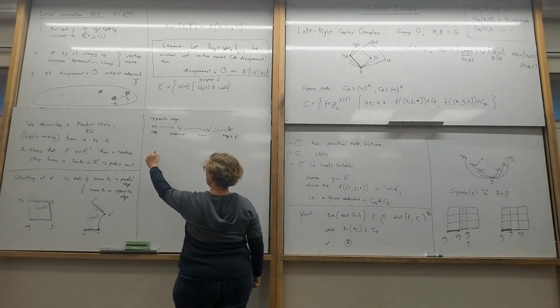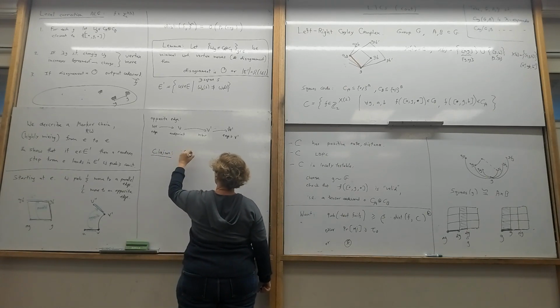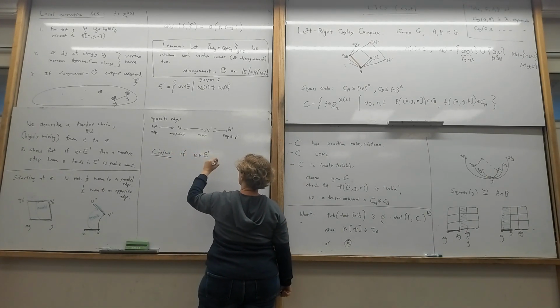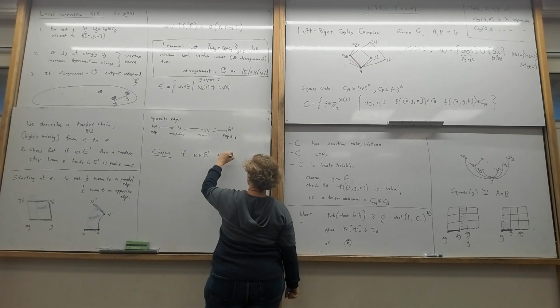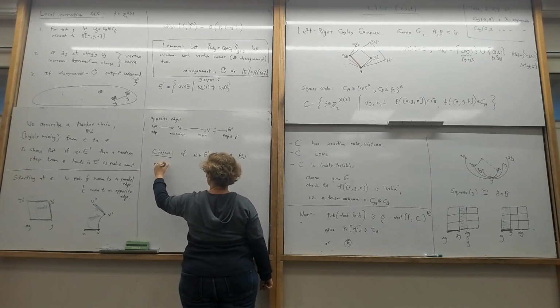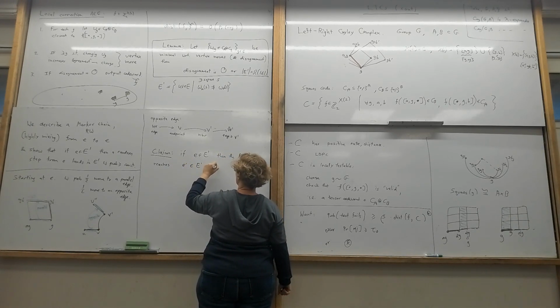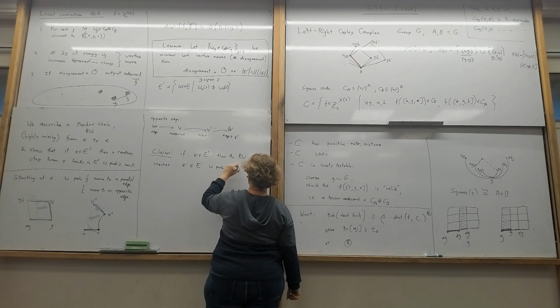Okay, and the claim: if E is in E prime, then the random walk reaches E prime again, in E prime, with probability that's some constant.